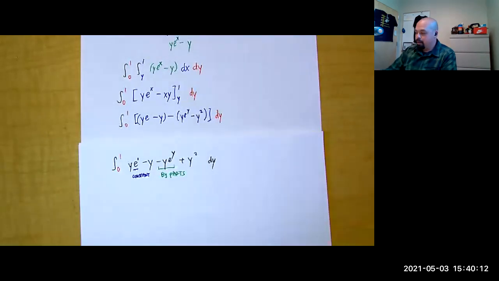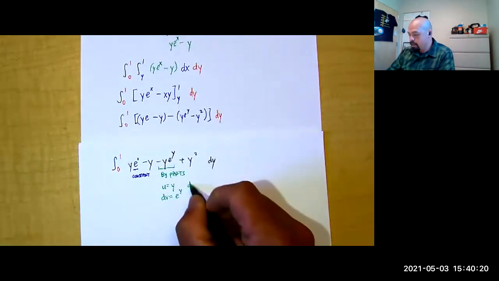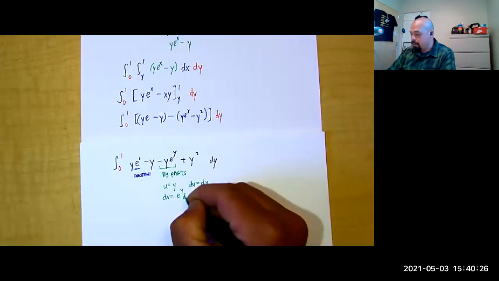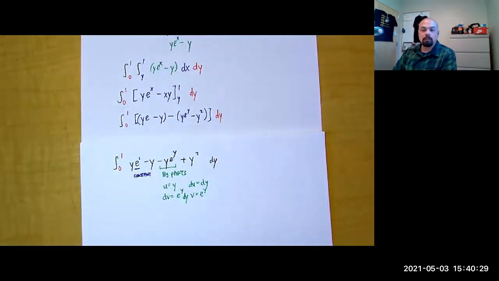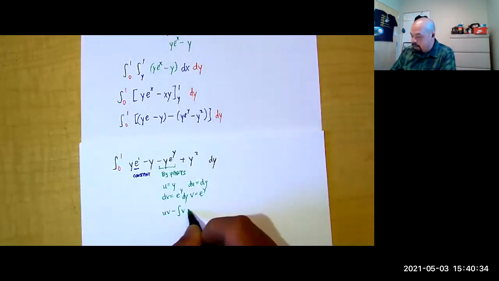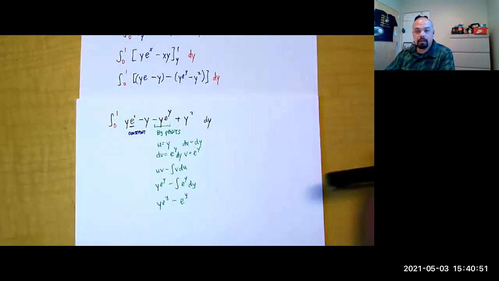The u is y, dv is e to the y dy, du is just dy, v is e to the y. uv minus integral v du, right? Like so.